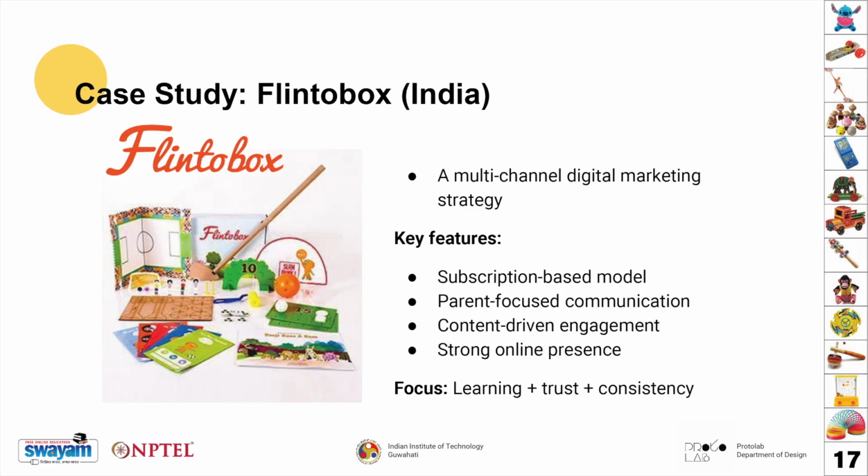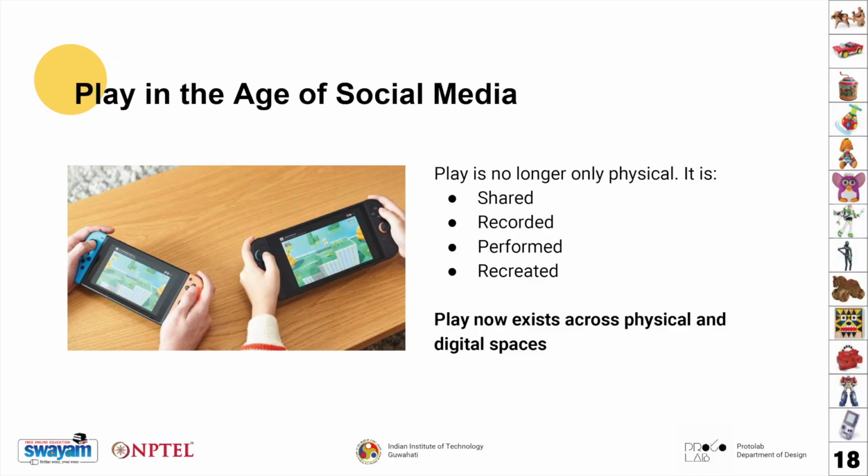Play today is no longer confined to physical interaction with toys. It increasingly extends into digital and social spaces. Children not only play with toys, but also record, share, and recreate play experiences online.